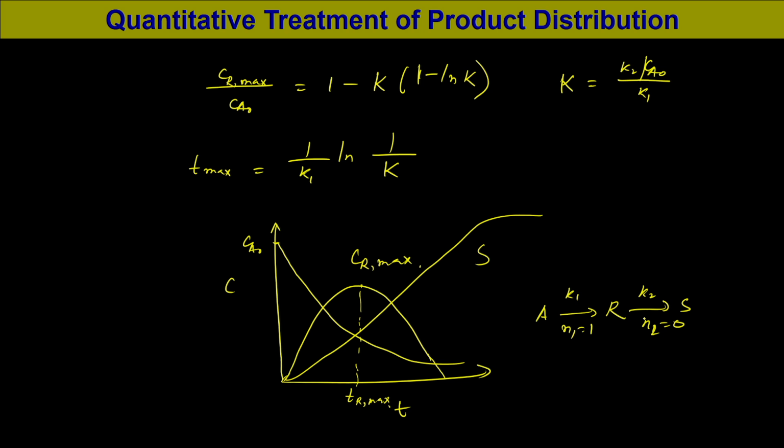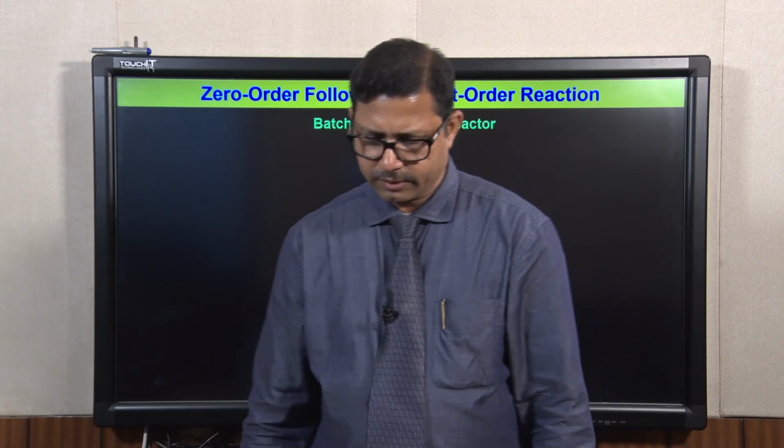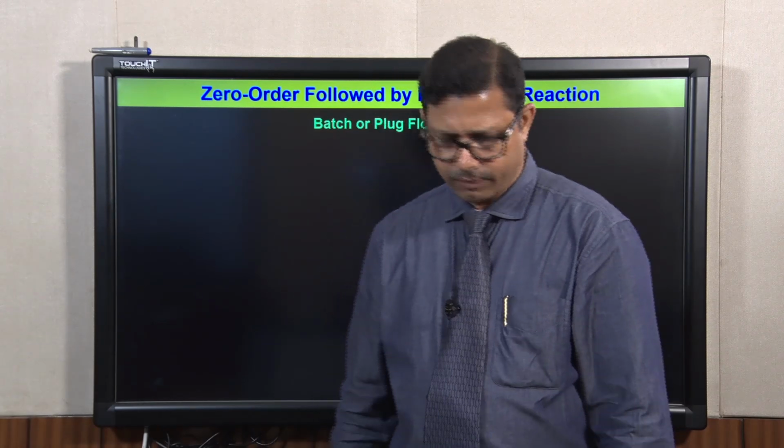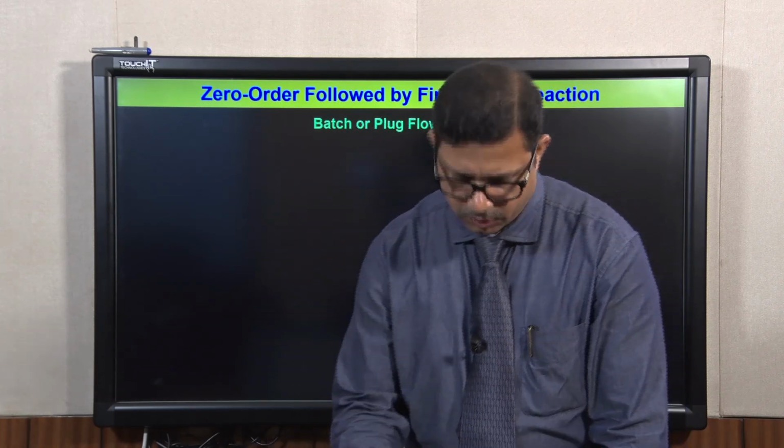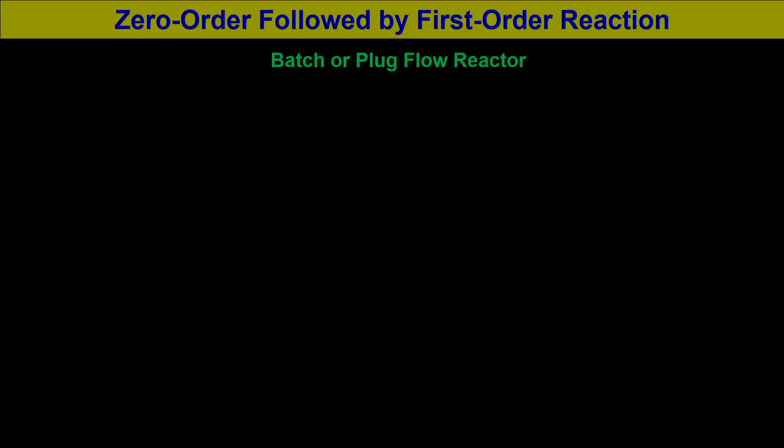Now, let us consider batch or plug flow reactor where zero order is followed by first order reaction. So, the reaction is like this: A to R to S, K1 and K2, N1 is 0 and N2 is 1.